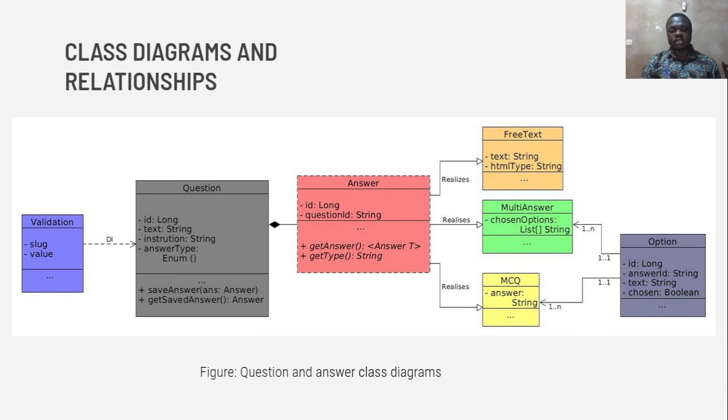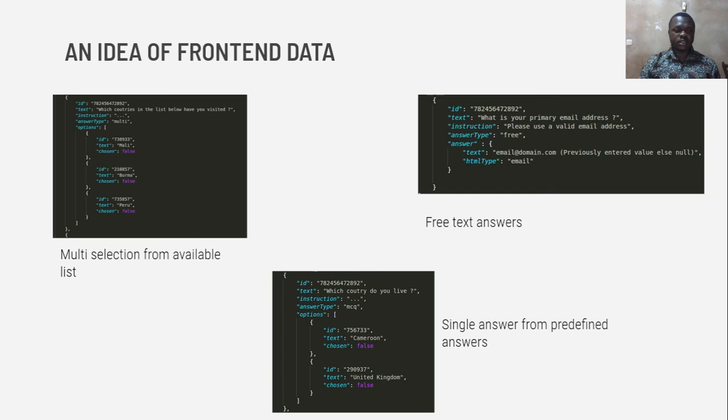Typically that's an interface to be realized or implemented by the free text, multi answer, or MCQ. That's what you get as class diagrams: an answer that's dependent on the question, and you have a dependency injection for the validator.